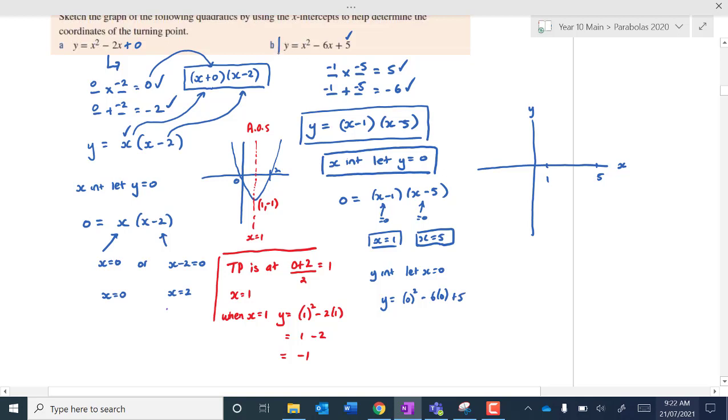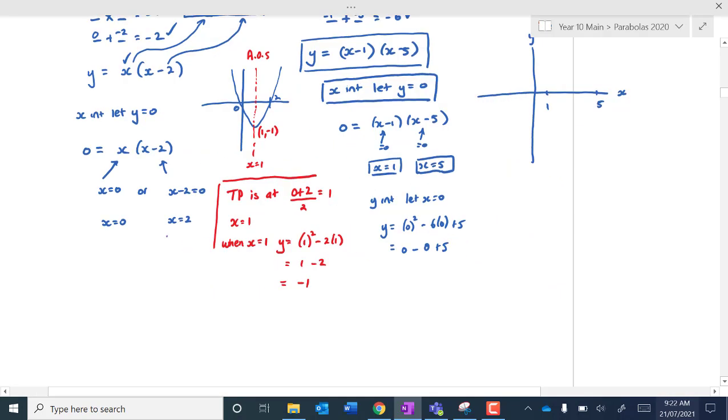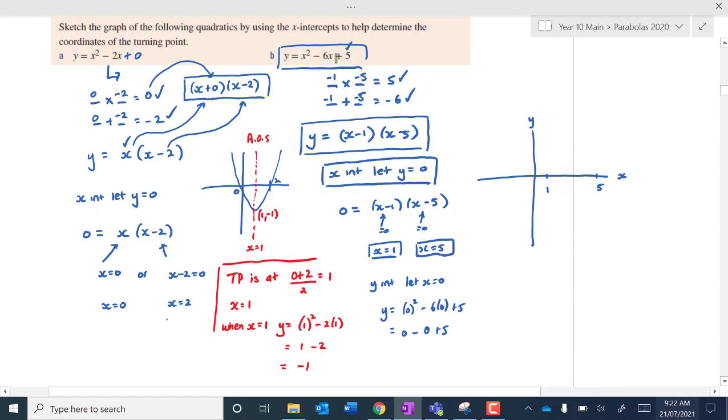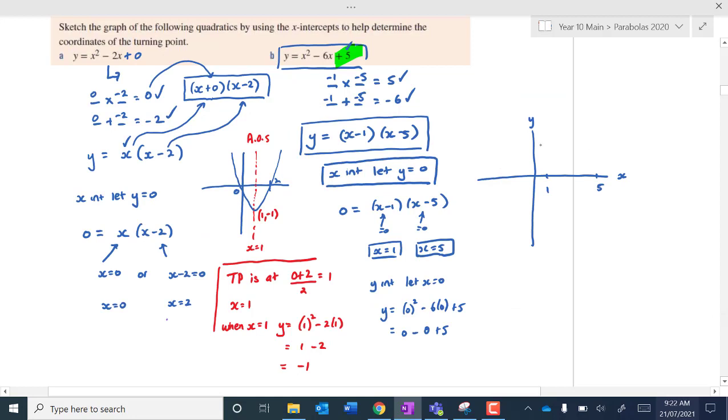I'm looking at this equation here, by the way. That's going to be 0 take 0 plus 5, which, if hopefully you're starting to grasp the concept, the y-intercept in this form is just simply the constant here, which is 5. Okay, so there you go. Let's put that down. That's 5.